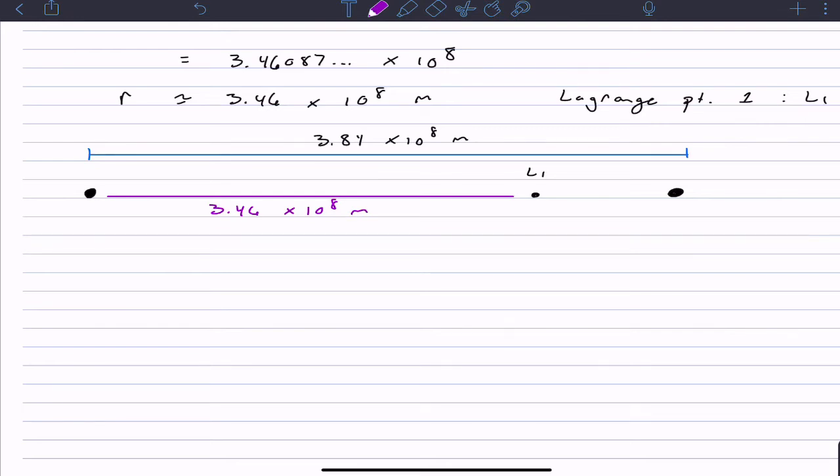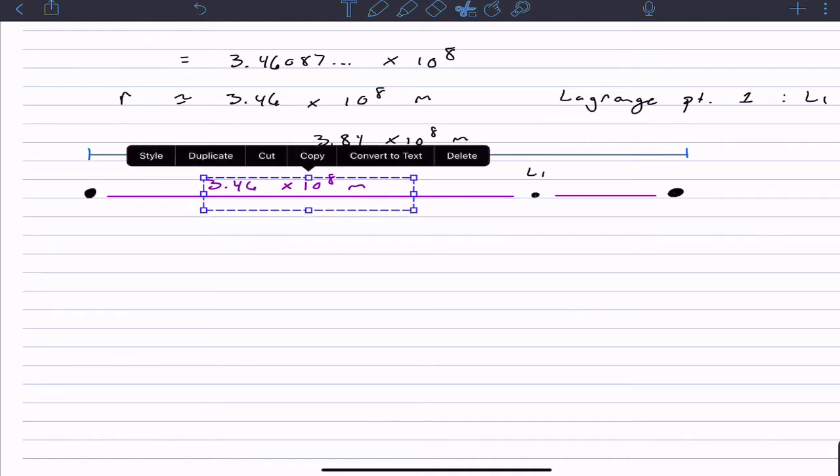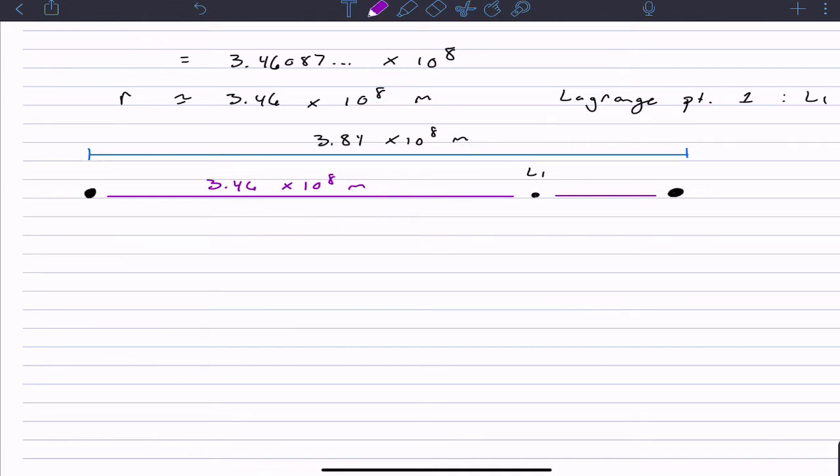Okay? If we subtract those two, we can actually have a distance here. Not that we're explicitly asked to find this, but it's good to have a visual of what we're doing. So if we plug this into a calculator, 3.84 minus 3.45, all times 10 to the 8, you get 3.84 times 10 to the 7.